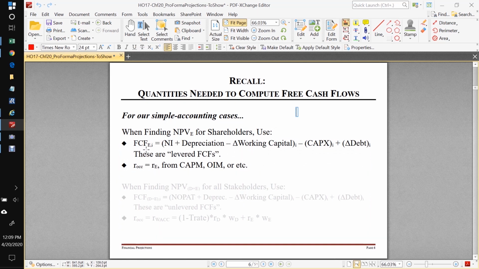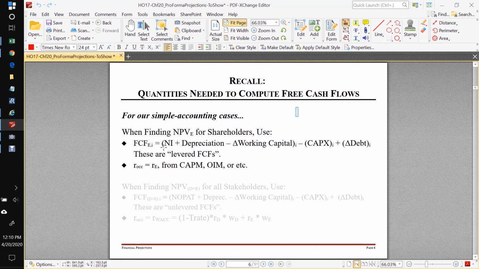So we said that the free cash flow for an entity, this would be to shareholders in year i, would be the net income in that year plus depreciation minus changes in working capital minus capital expenditures plus any changes in debt. And we looked at a very simple example where everything dropped out because we had a steady state entity except for net income.